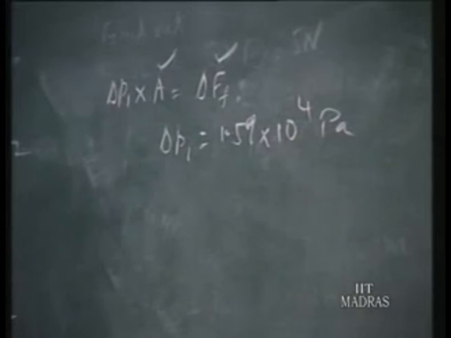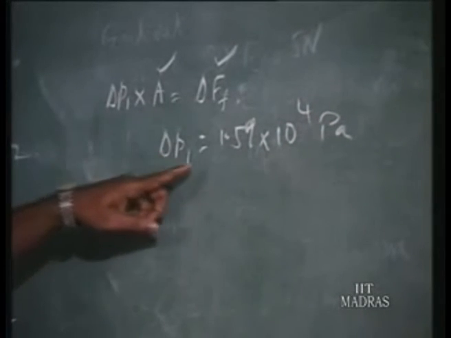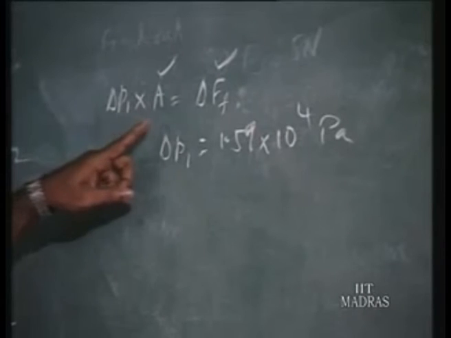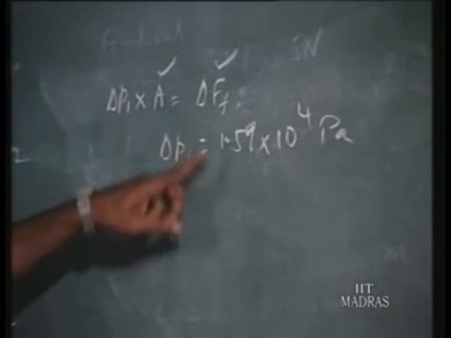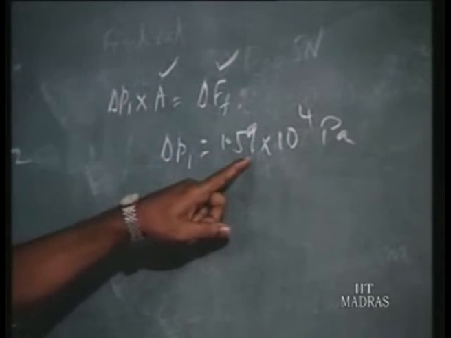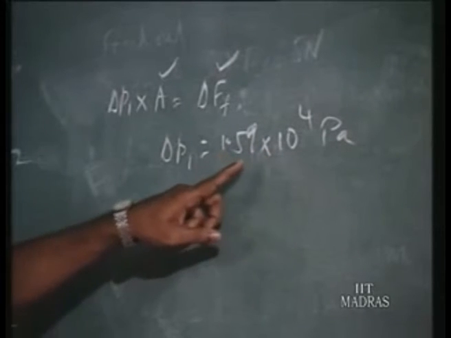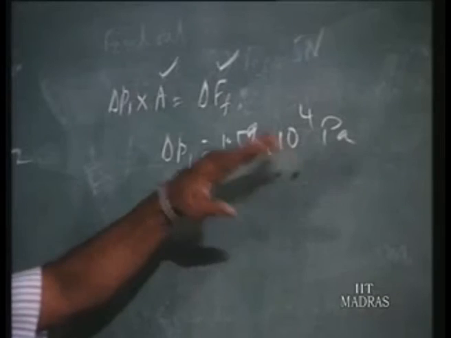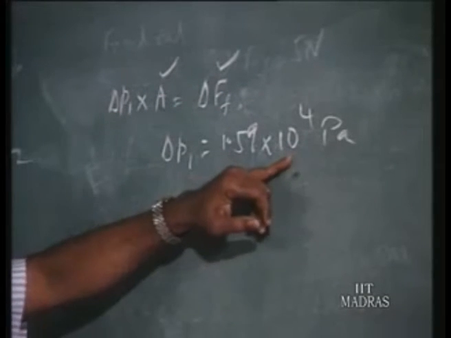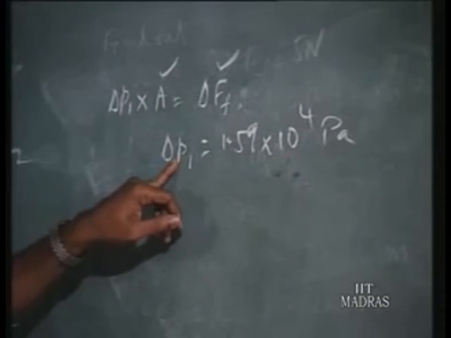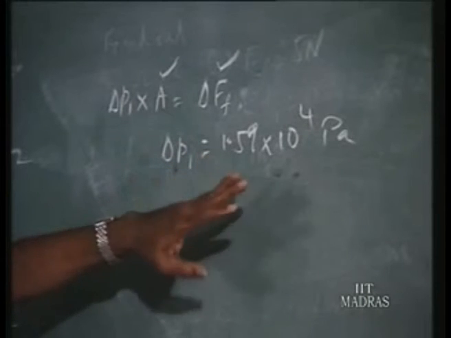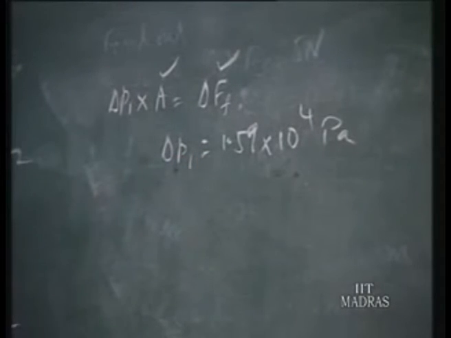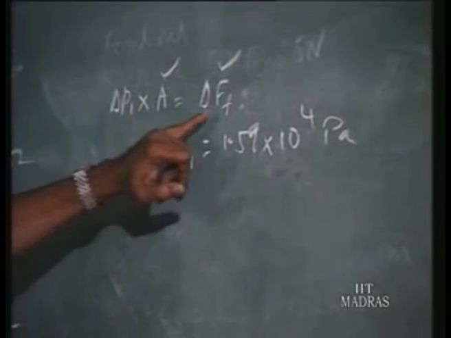That is, a friction of 5 Newton is equal to a pressure of 0.159 bar, or about 0.15 atmospheric pressure, one atmosphere being 10 to the power of 5 Pascal. So the error in the input signal will be around 0.159 bar. That will be the error due to the friction force.